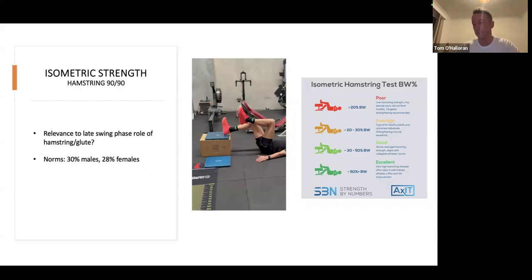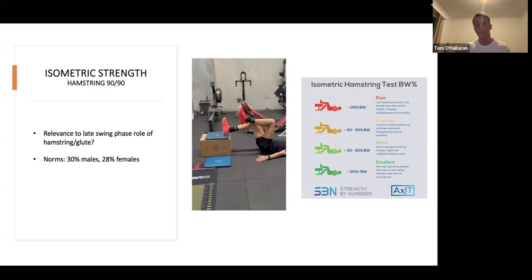To me it's still important to have that, even if the demands are lower for the activity I'm looking at. That position's probably not perfect, but it has some relevance towards the late swing phase where the hamstrings are working eccentrically, which I just don't have other equipment to test as much.